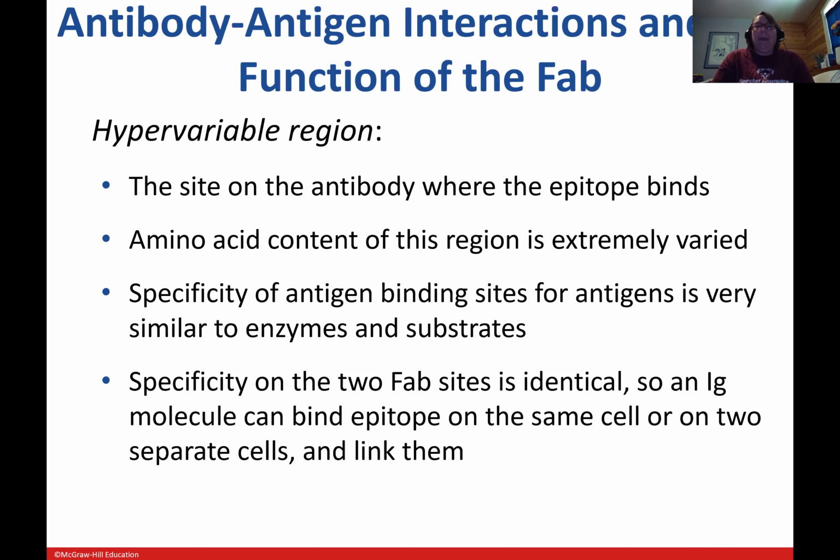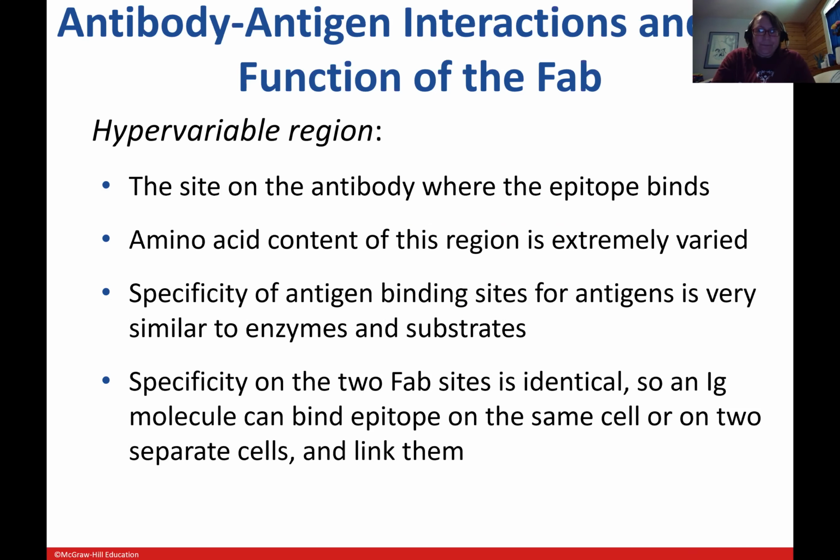Okay, and the specificity of that antigen binding site is very similar to the mechanism when we talked about the active region in an enzyme, and it has to do with the actual amino acids in that active site. Very similar kind of thing to the antibody. It basically is a chemical match for the makeup of that antigen.